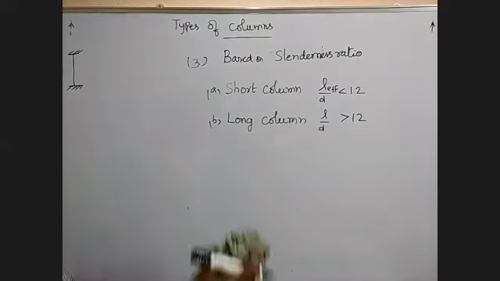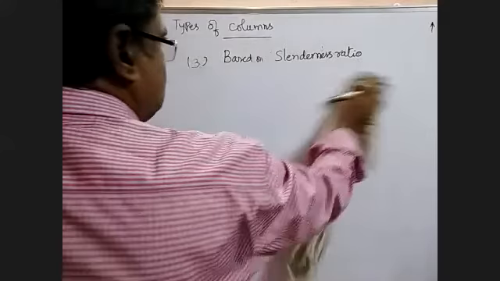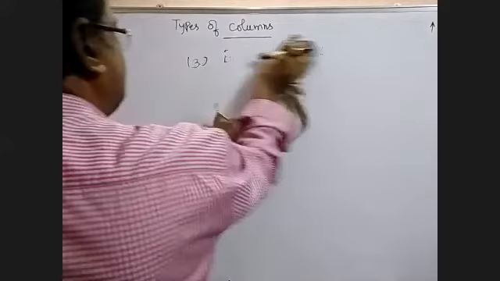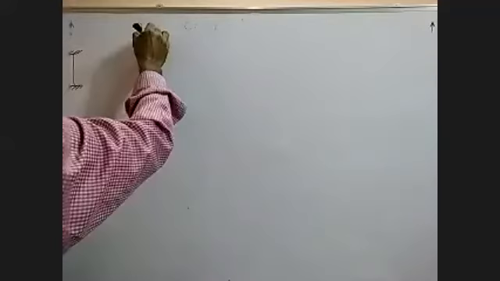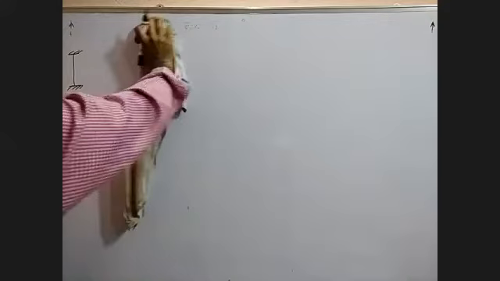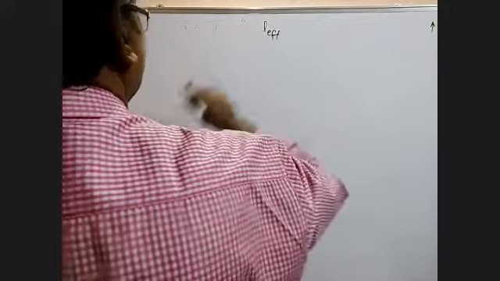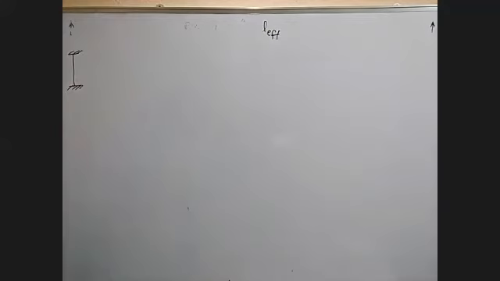Okay. So in theory, this is in the code book. Now the important thing is the effective length of the column, L effective.